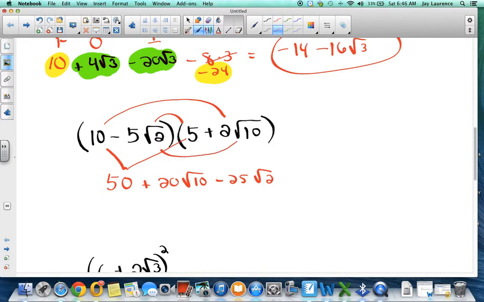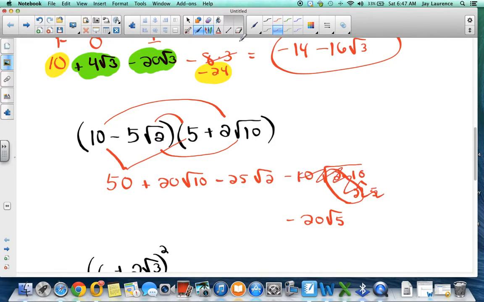Then the lasts, we're going to get a negative 10, but then under the rad, we're going to have 2 times 10, and that's going to break down into 2 times 5. And look at that, there is a pair of 5s. Sorry, 2 times 5. So this is really going to be 20 rad 5 for this last one.